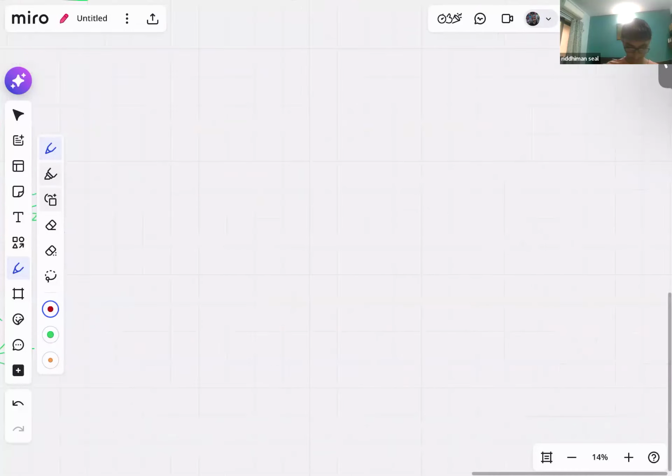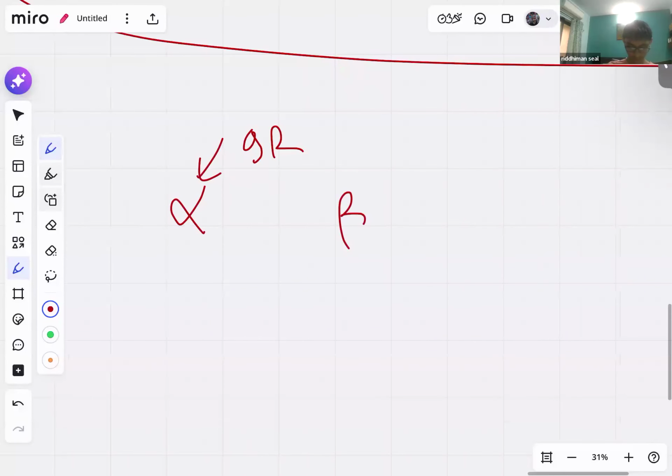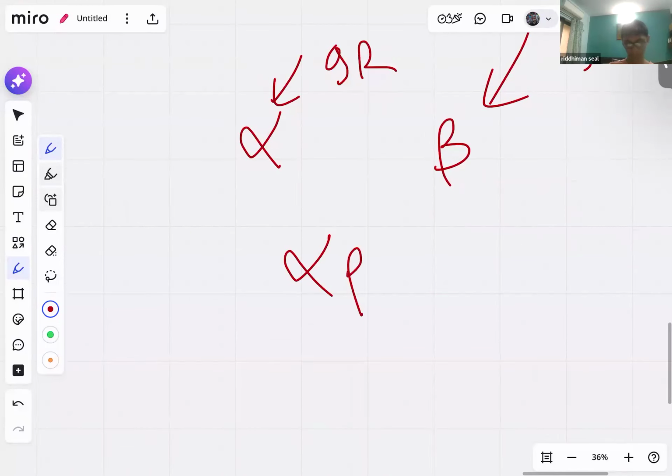Now what we do is we analyze the product of a quadratic residue and say an NQR, right? The idea is that if alpha is a QR and beta is a QR, what can you say about alpha beta?